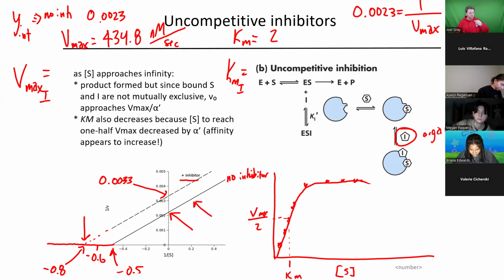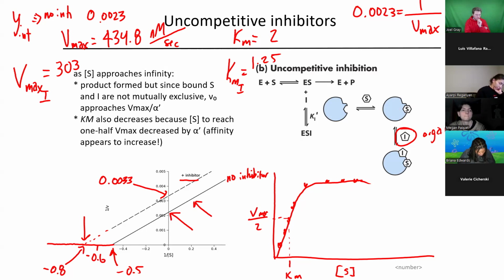Okay, we got some responses rolling in. And what I'm seeing, a Vmax of about 303 and a Km of 1.25.